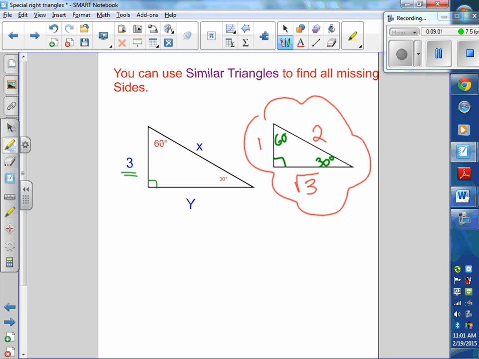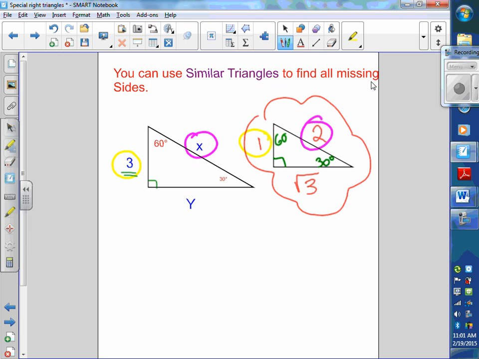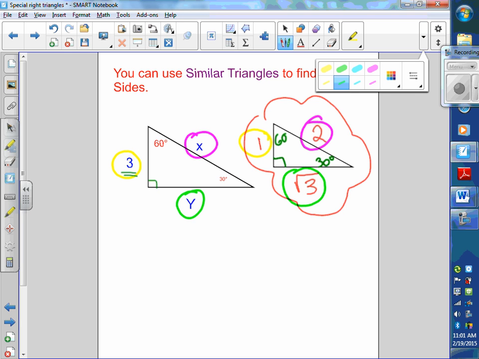So like you could compare the 3 to the 1 and the x to the 2, right? And the y to the 3. So the color tells those are in the same relative position.